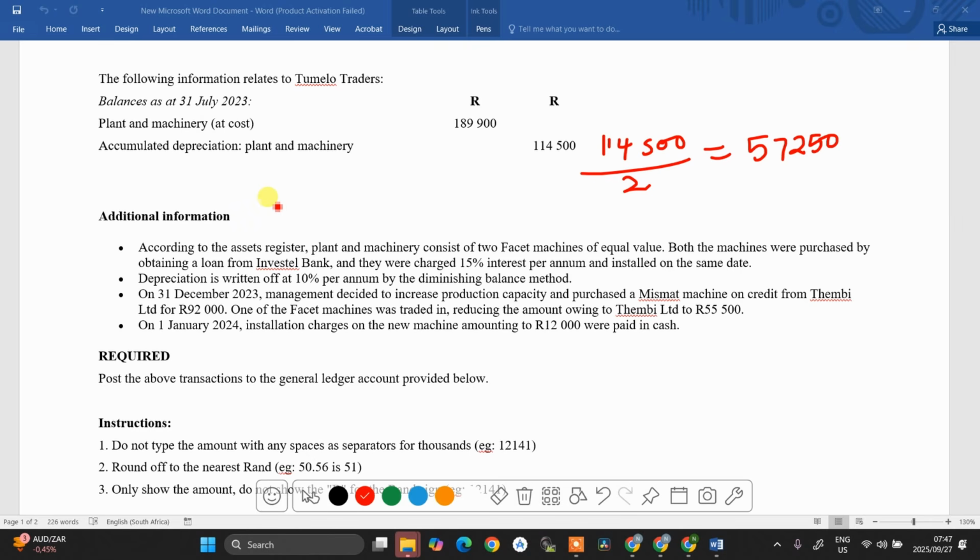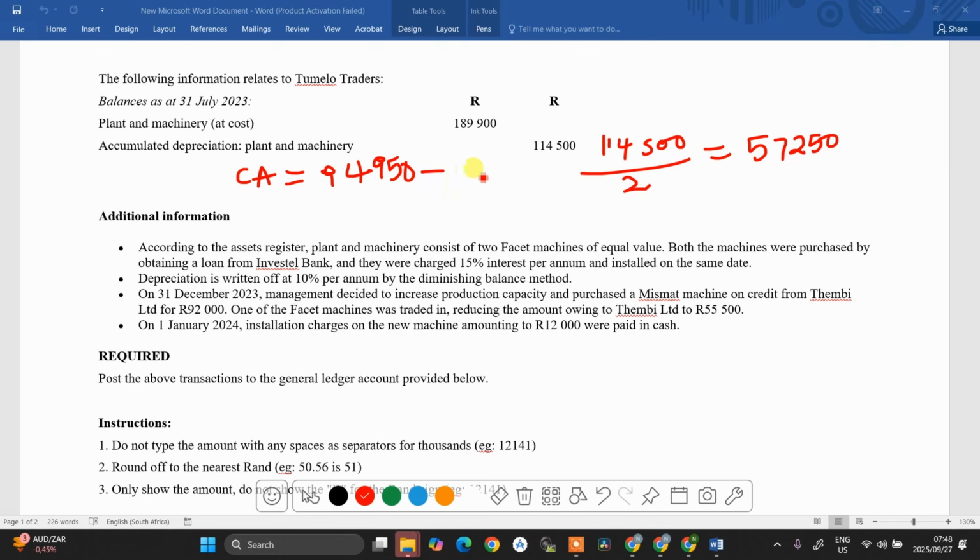Remember, when it comes to the reducing balance or the diminishing balance method, we calculate depreciation on the carrying amount. So in this case, the carrying amount, I'm just gonna denote it as CA, will be the cost of the machine that we just calculated previously, which was 94950. Then you minus the accumulated depreciation.